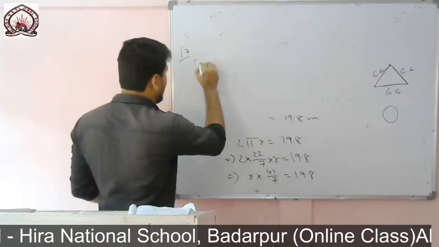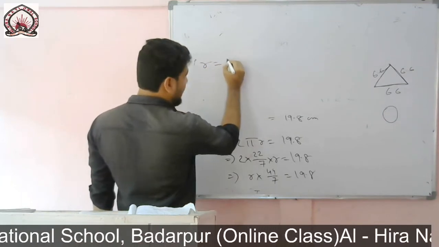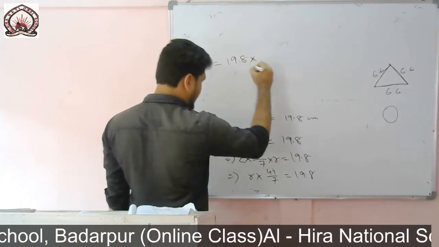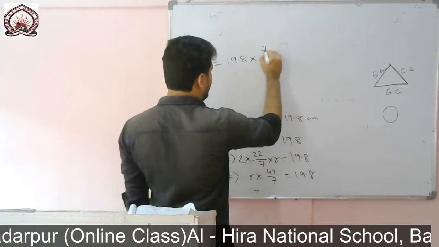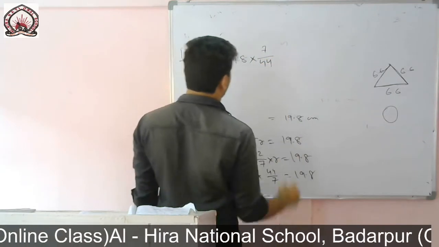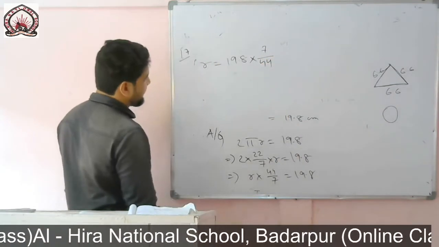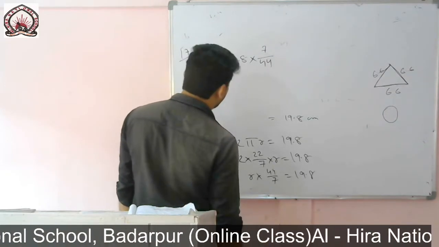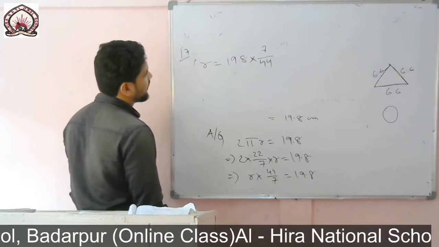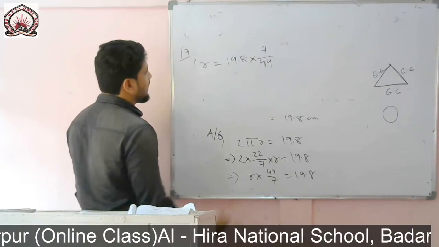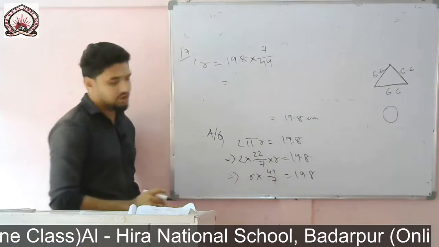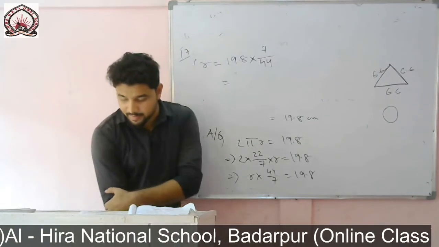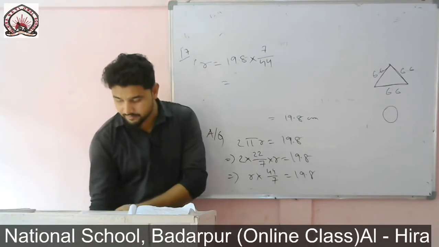So you can write r equals 19.8 into 7 by 44. If you cancel this one, then you'll get the answer.